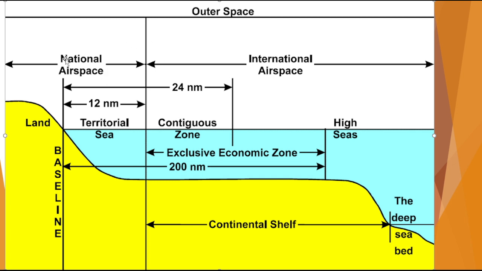The space above the territorial sea is national, and the space above the land is also national. So this is national airspace, and 12 nautical miles begin from here. The rest we will study in later videos, right?